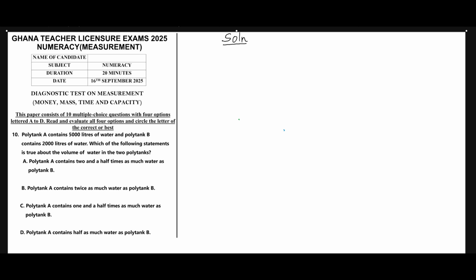Question 10. Polytank A contains 5,000 liters of water and polytank B contains 2,000 liters of water. So let's represent this information. We have two different polytanks.